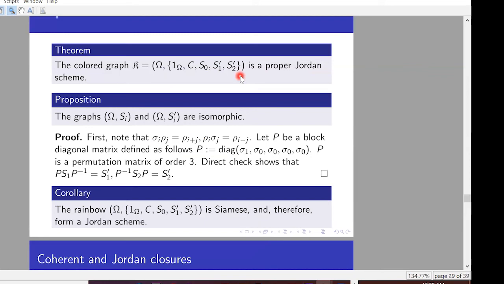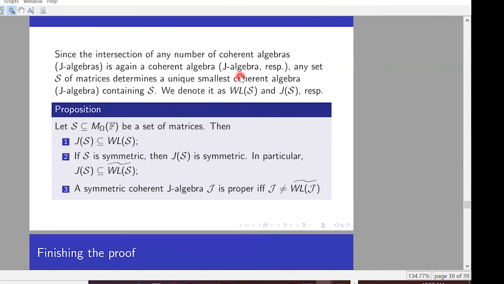And why is it proper? Well, it's proper because it was checked by computer, but in general, you can use what is called a coherent closure for coherent algebras, or Jordan closure for Jordan coherent algebras. The criterion is that, assume you have a Jordan algebra and you want to know whether it is proper or not.